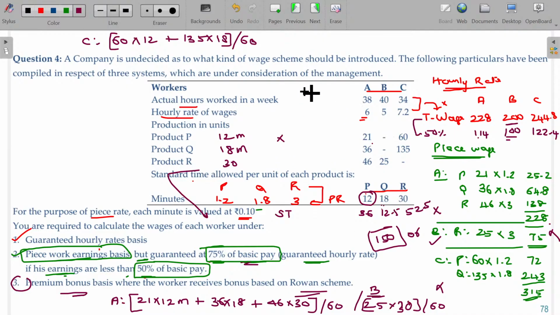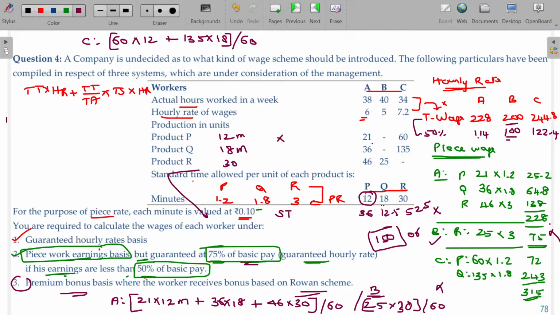Now, Halsey plan. As per Halsey plan, the formula being time taken into hourly rate plus time saved into hourly rate.